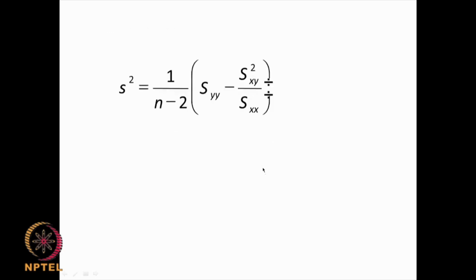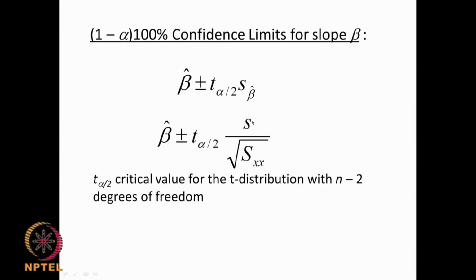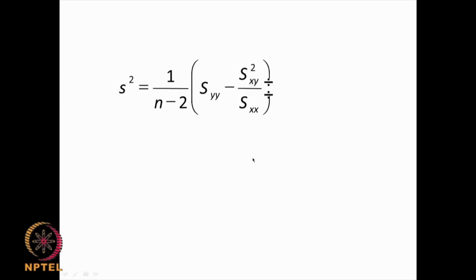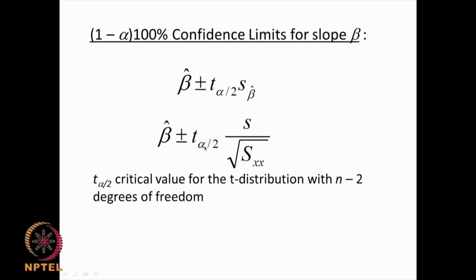Sxx, you know, and s is the standard deviation given like this: s square is equal to 1 by n minus 2 times Syy minus Sxy square divided by Sxx. So you understand this parameter s is given like this. Sxx is a summation of x minus x bar square. This is for s square, and this is t alpha, 95% if you can put, with the n minus 2 degrees of freedom.